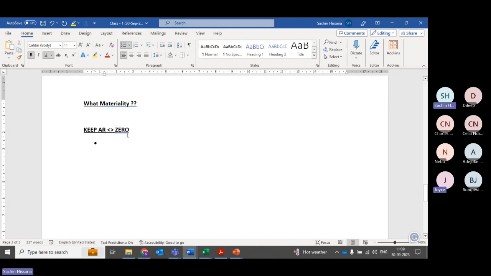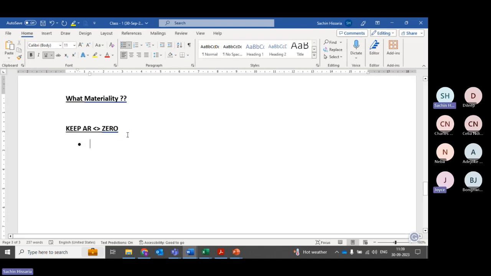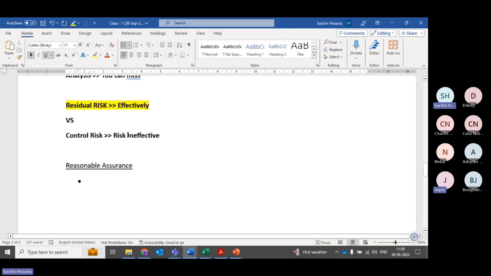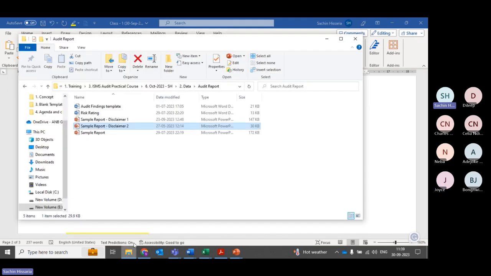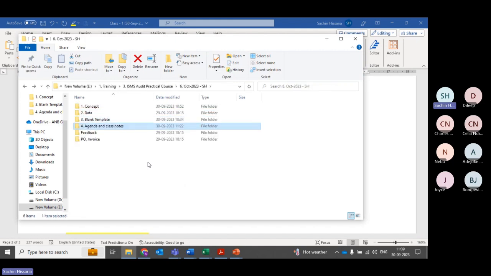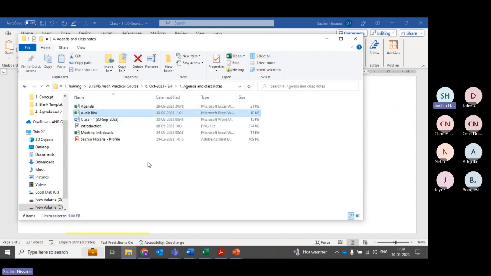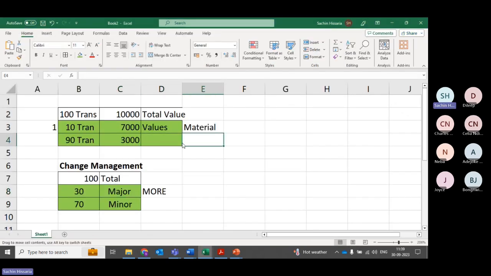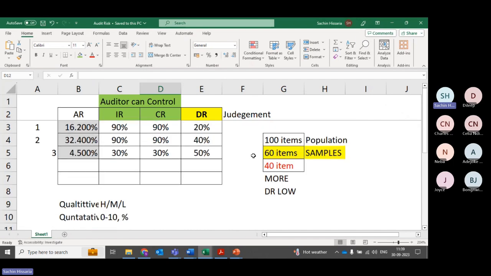Now, let me give you a hypothetical example. Suppose in our audit risk example, what we discussed, let me open that example again. While calculating the audit risk, we discussed an example where the population was 100 and you verified 60 items.